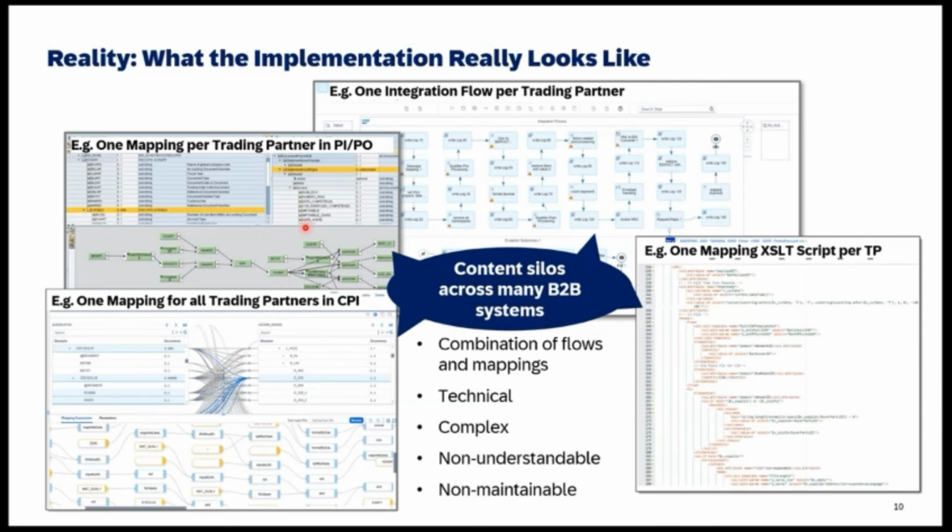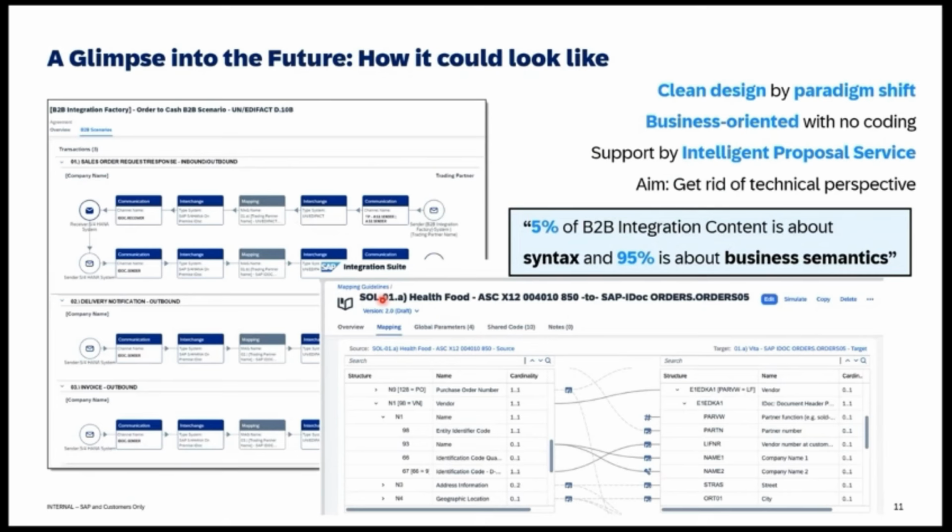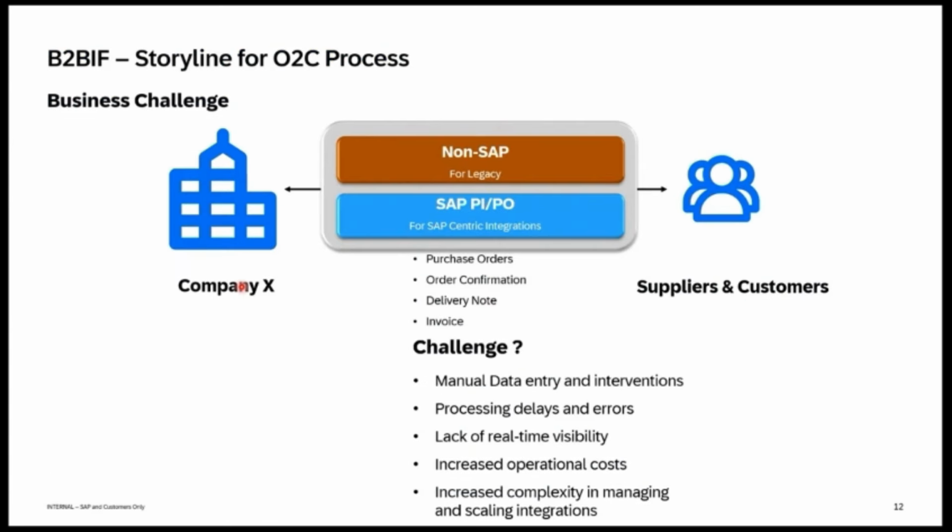So we recommend the use of our simplified tools, which would provide a clean design by adopting the paradigm shift, and it would be just a business oriented approach with no coding, and it would be supported by the intelligent proposal service.